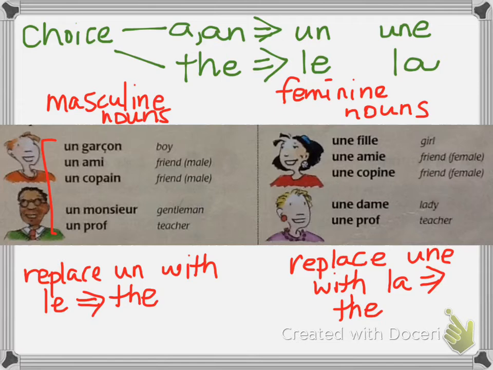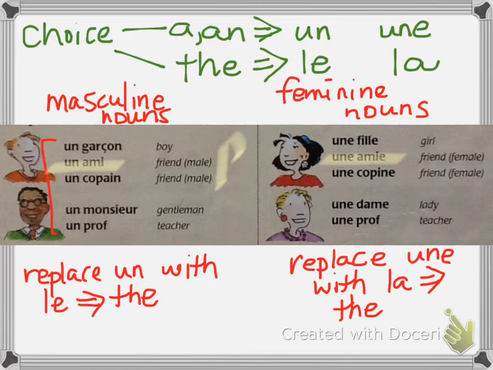Again, I have to be careful, right? And the ones I'm going to have to be careful with are un ami and une amie, because those are my ones that start with a vowel, so they're going to be the L apostrophe in front of ami when I say the friend instead of a friend.